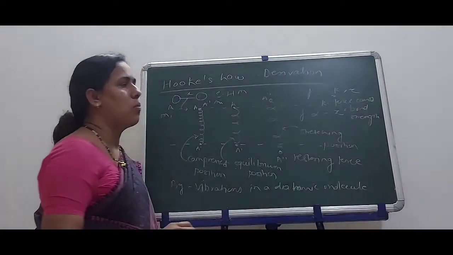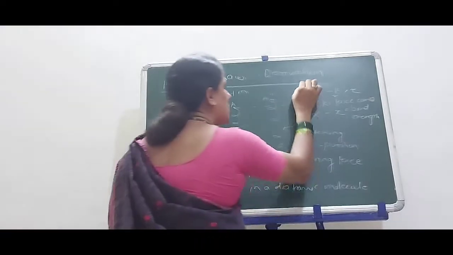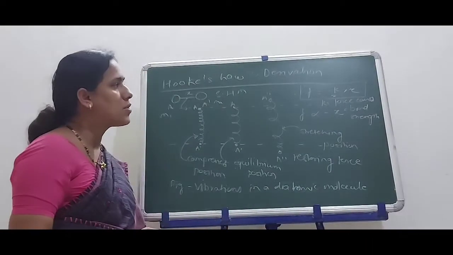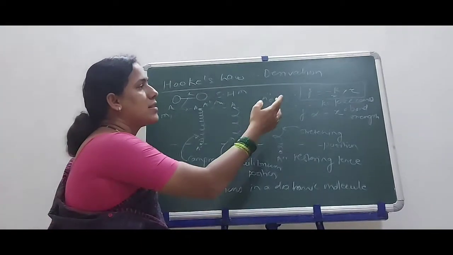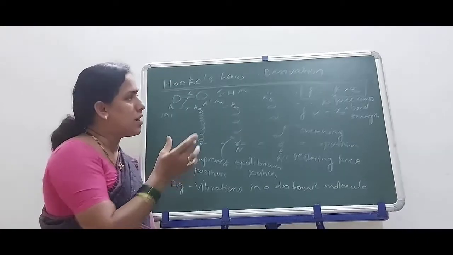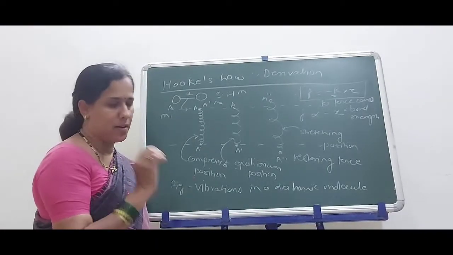Now we have the relation: restoring force F is equal to minus K into X, where F is the restoring force and X is the displacement. F and X are oppositely directed, therefore the negative sign appears here.